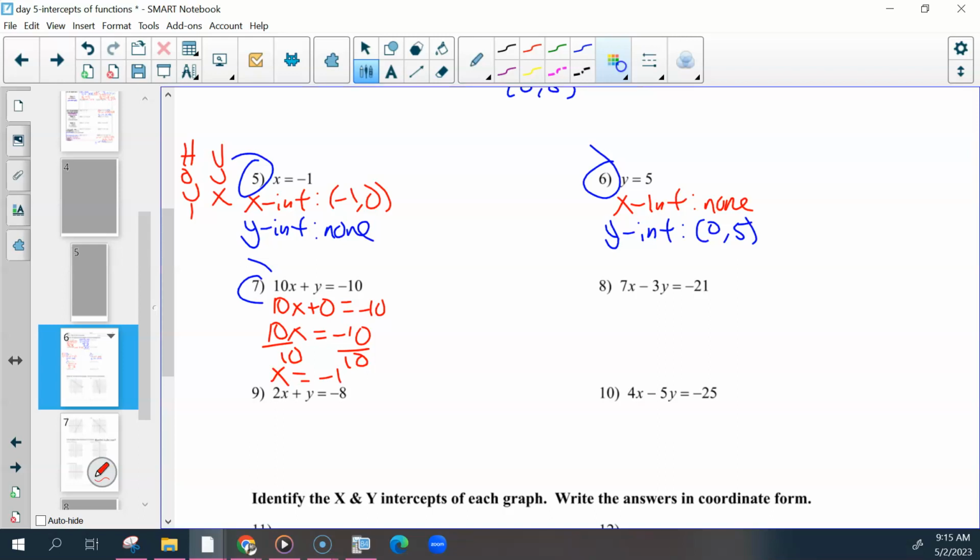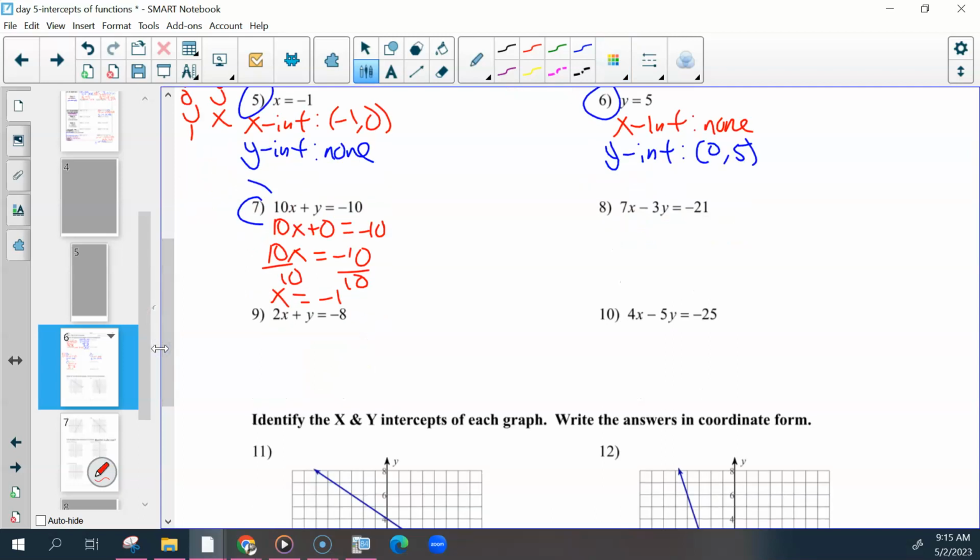How would I write that as an ordered pair? What would that ordered pair be? -1, 0.